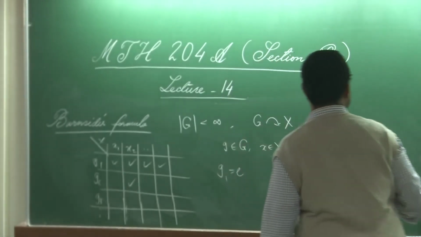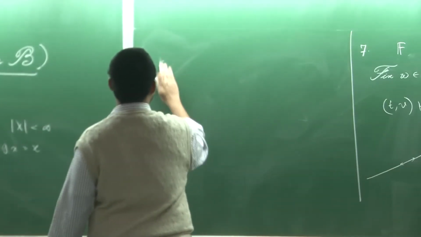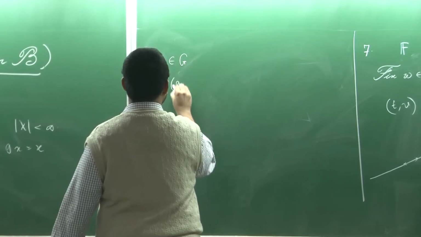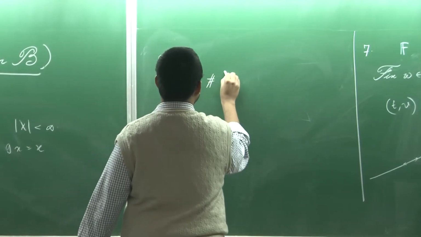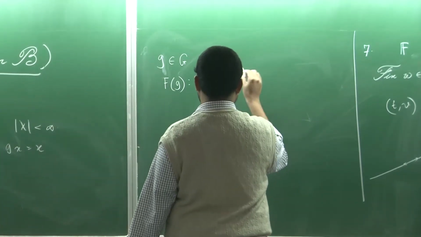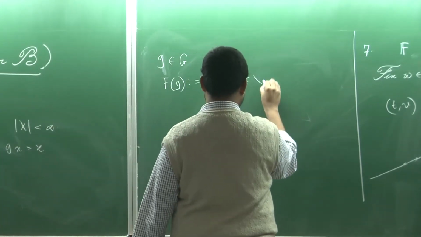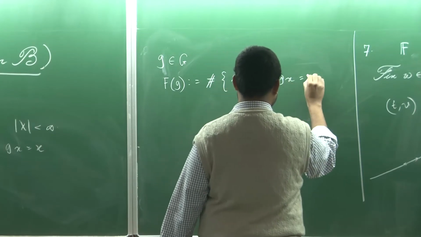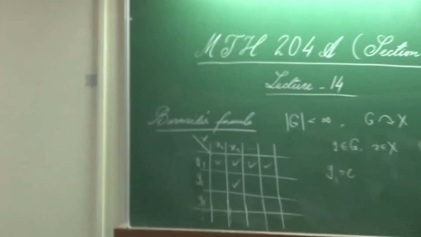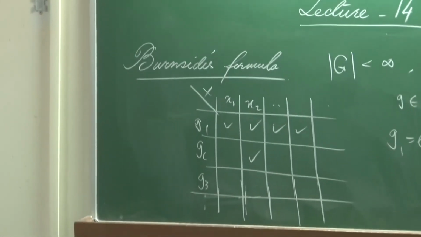So for any g in G, let us define F_g to be the number of x's fixed by g, that is the number of fixed points of g. The total count of ticks is then the row-wise count.